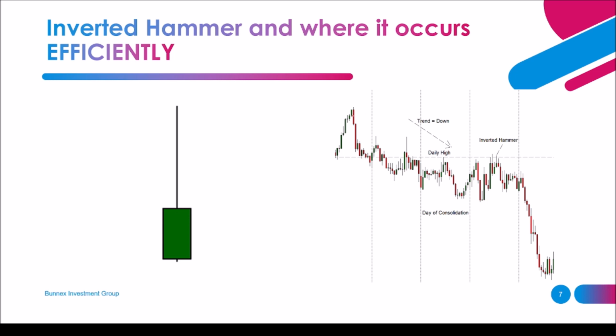In this particular case, it's now an inverted hammer, which is an inverse of the previous candlestick reversal pattern. It's a candle with a very big wick and a small body at the end of it.